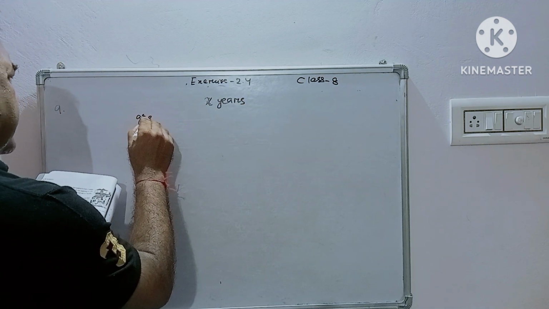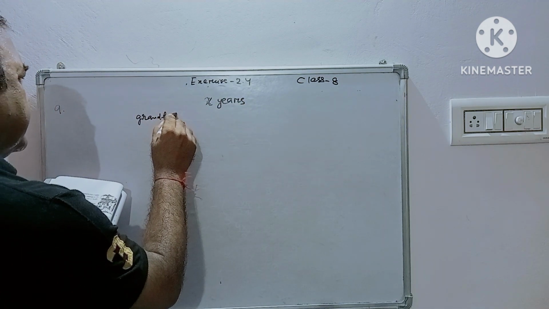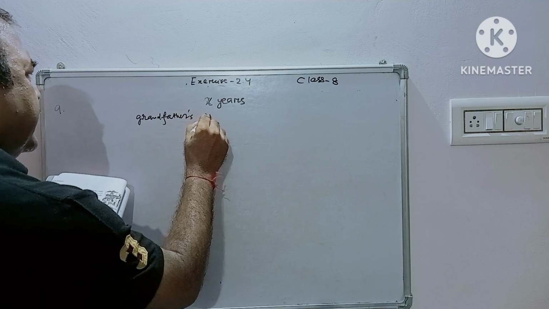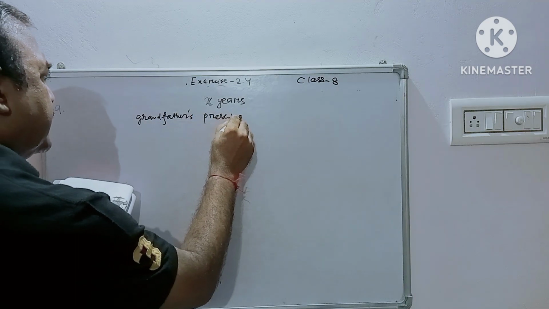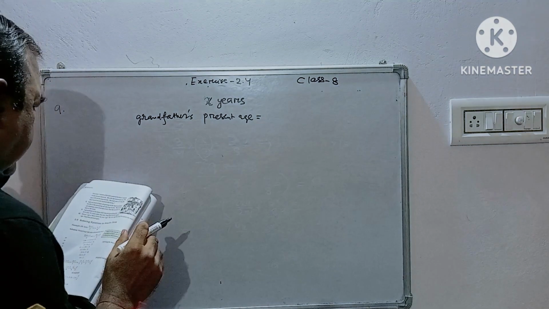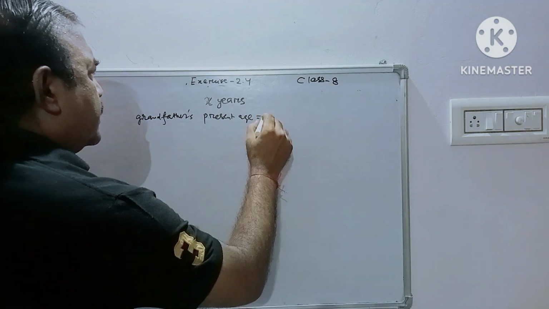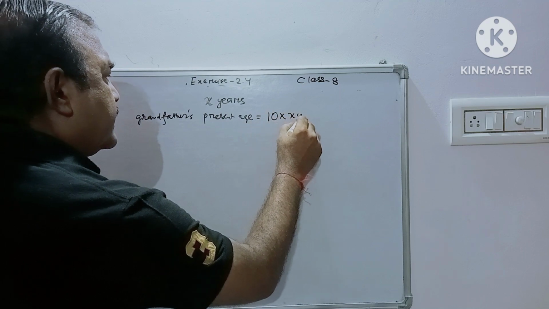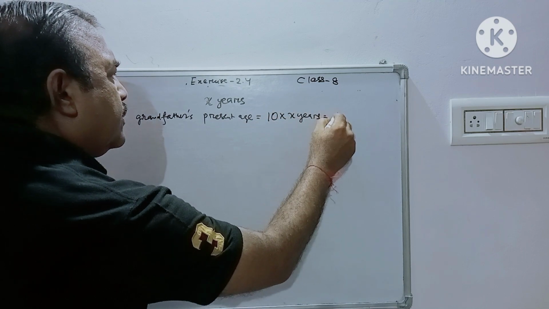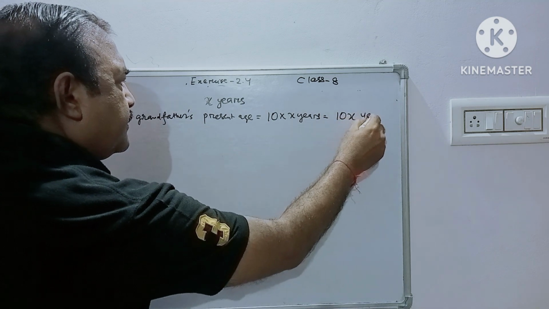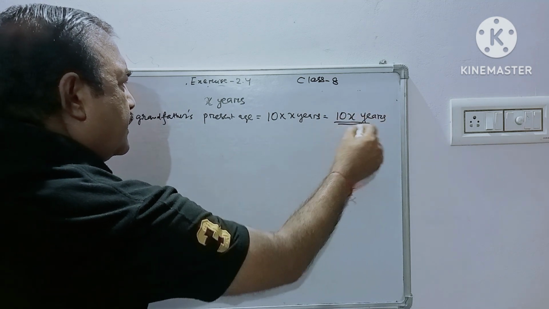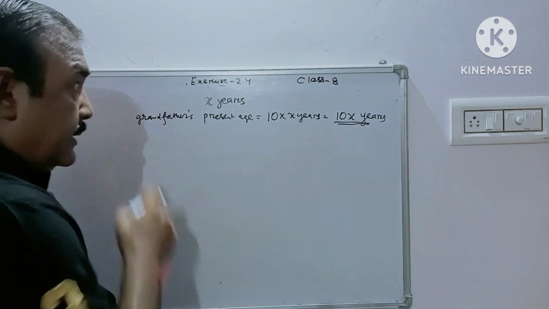So grandfather's present age is equal to, that is 10 times older than his granddaughter. So 10 into x years, that is equal to 10x years, which is the present age of the grandfather.